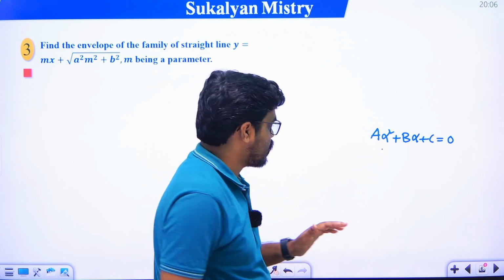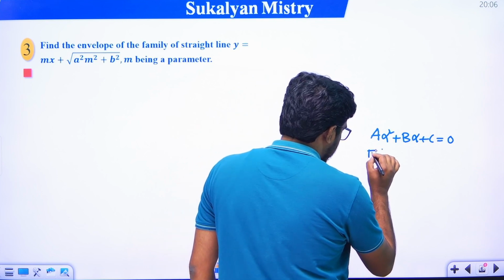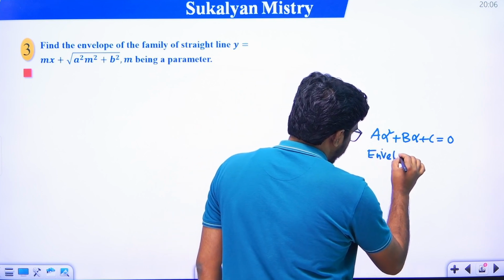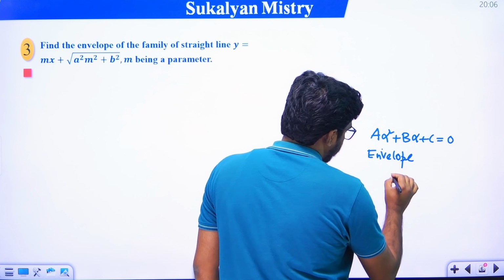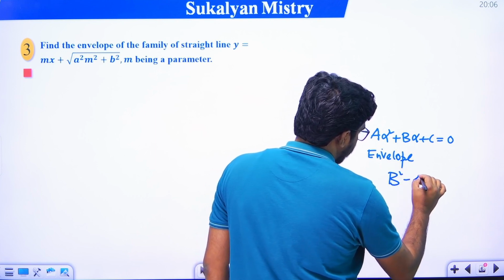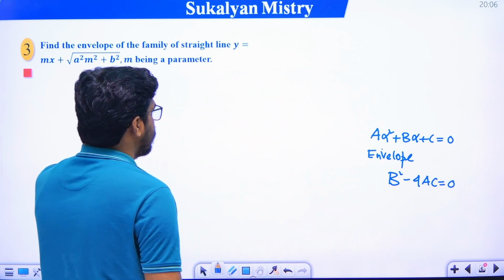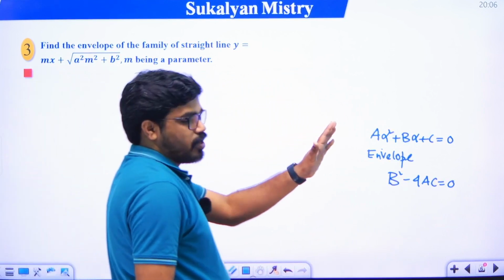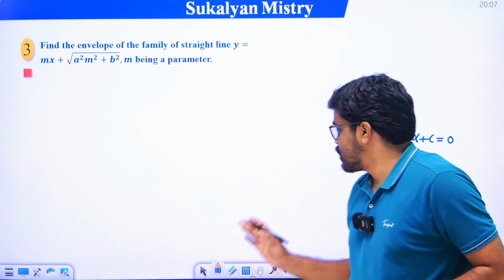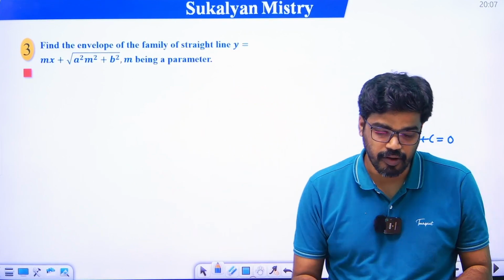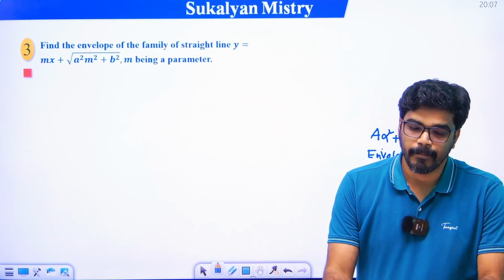Alpha is a parameter. Then the envelope is given by the relation b square minus 4ac is equal to 0, right? Alpha is a parameter, that is, this is a quadratic equation in alpha, right?